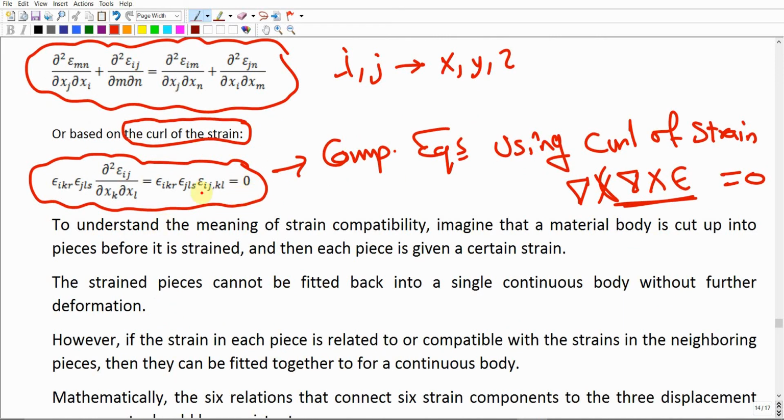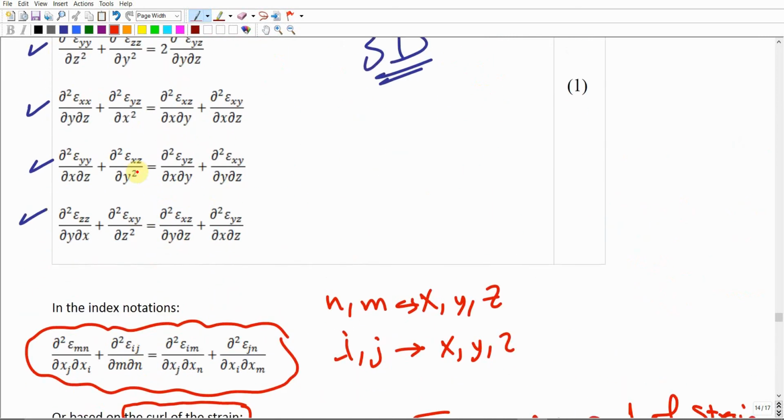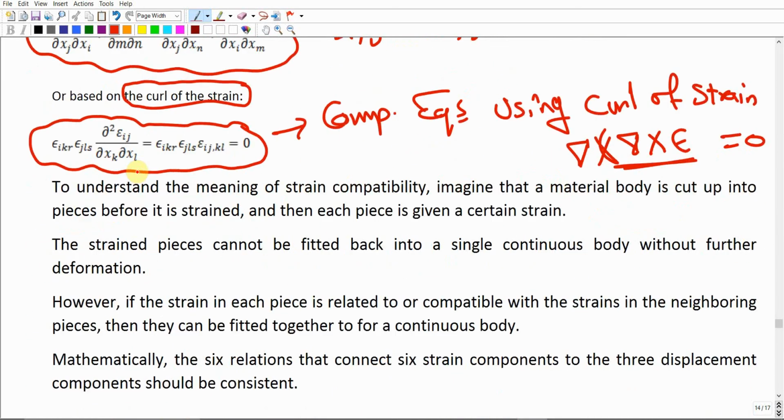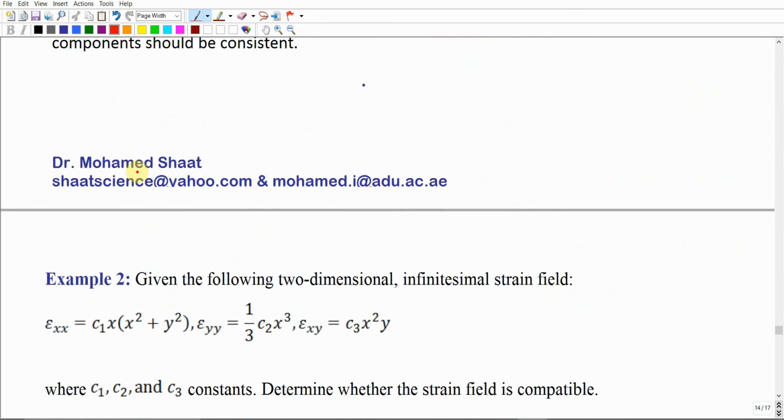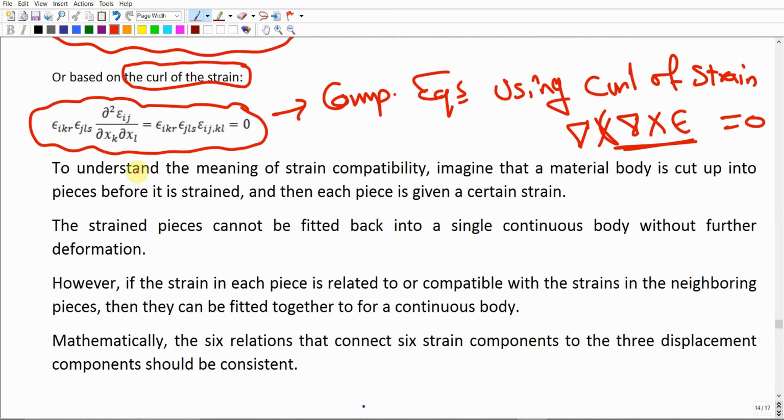If we write this equation explicitly for i, j, and k, where i, j, and k would be x, y, and z, we're going to end up with the same 6 equations. Make sense? So what does it mean, these compatibility conditions for continuum mechanics? All right, so this is what I'm going to discuss now.